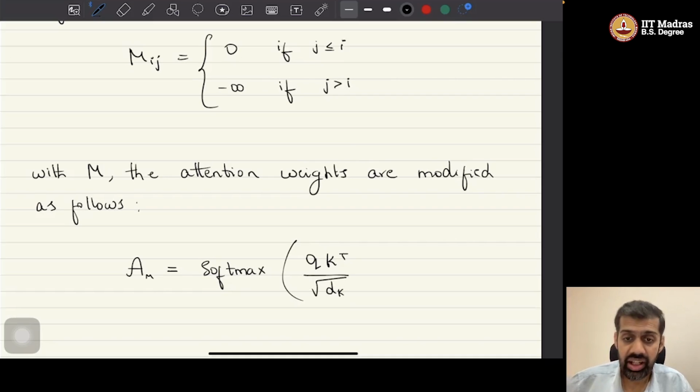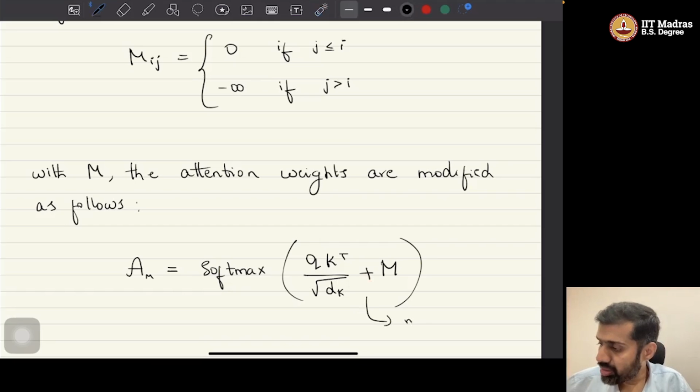This is what we had earlier. All you need to do is add this M matrix element wise to this particular matrix and then take the softmax. This addition is possible because it is an element wise matrix addition.